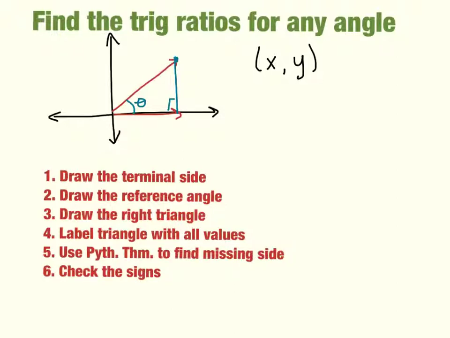Right? Well, to figure out how far out I go, that's the x. And the x is the adjacent side of that angle. So the x is the adjacent. The opposite of that angle, well, this tells me how high I go. This is the y. So this is the opposite.